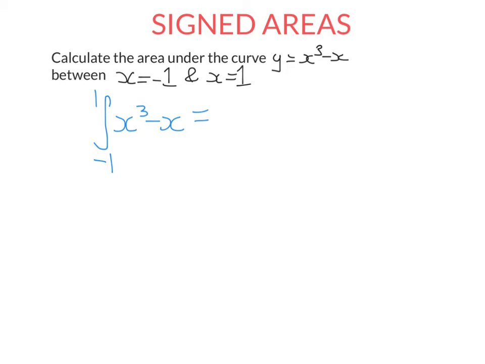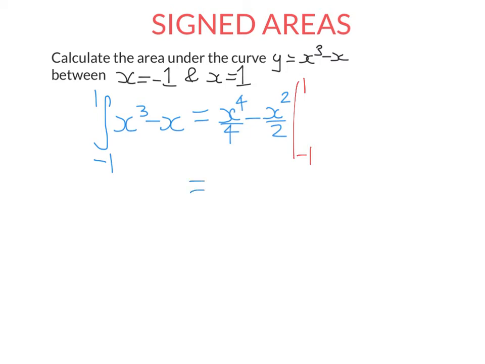The antiderivative of x cubed: remember we increase the power by 1 and then divide by the new power. Similarly, for minus x, we increase the power by 1 and divide by the new power. Remember, when it's a definite integral, you don't add the c. There's no constant of integration. Instead, we evaluate this at x equals 1 and x equals -1, and subtract.